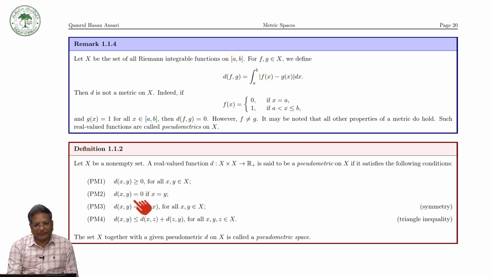So if a real valued function d on X cross X satisfies all these four properties, then this d is called a pseudo metric on X, and the set X with a given pseudo metric d is called a pseudo metric space.